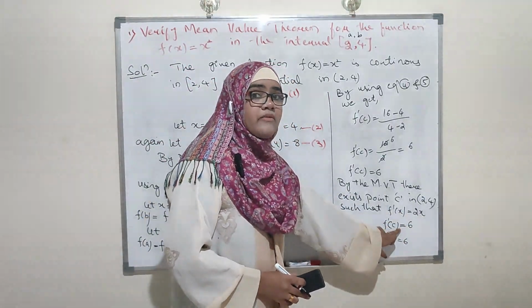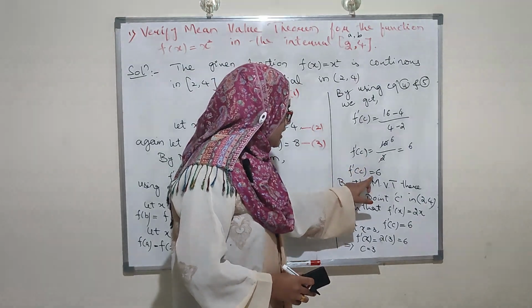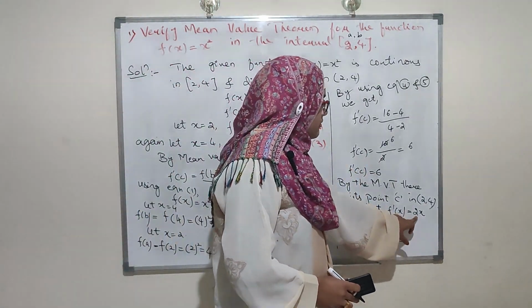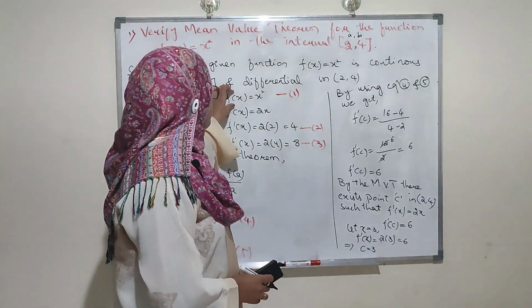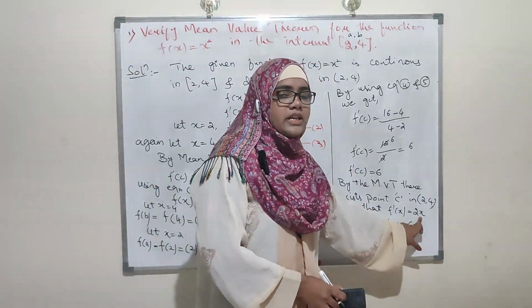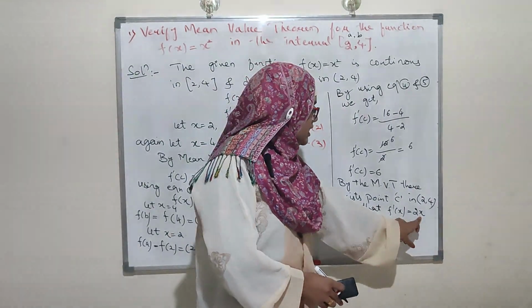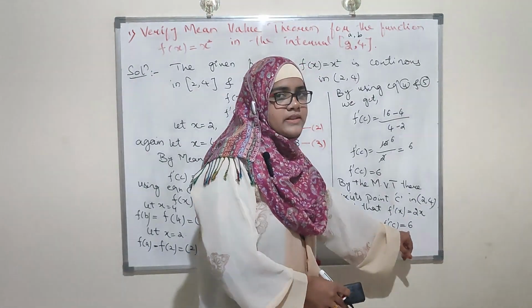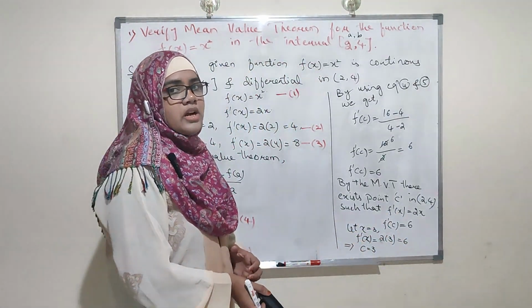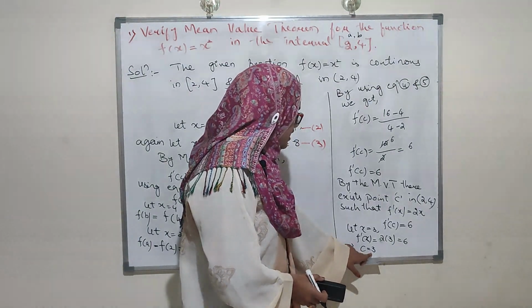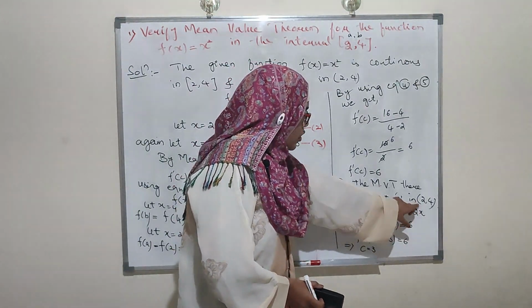So 2 threes are 6. We got f dash of c as 6 by using this formula, and the derivative of the given function is 2x. That's why we are taking the number 3, since 2 into 3 gives 6, the value of f dash of c. This means there exists a point c in 2, 4.